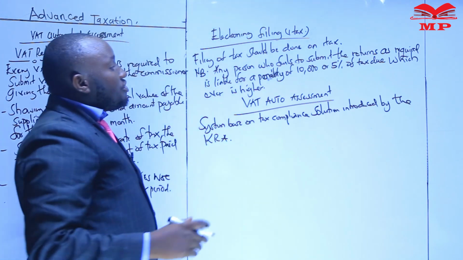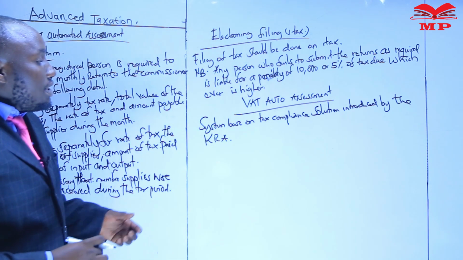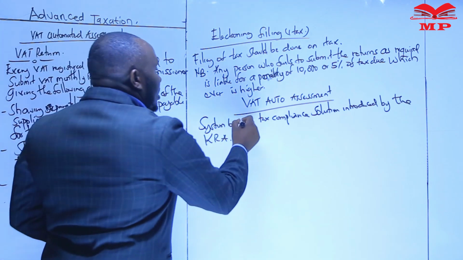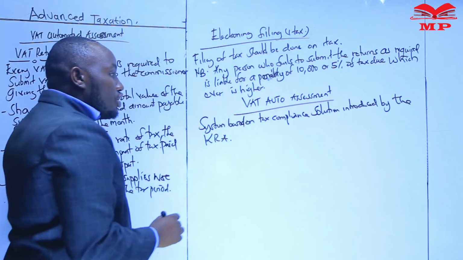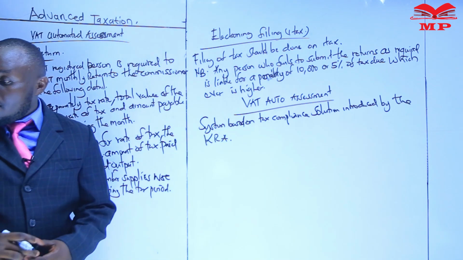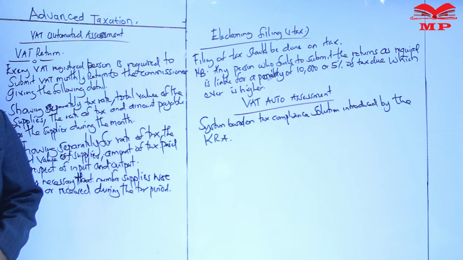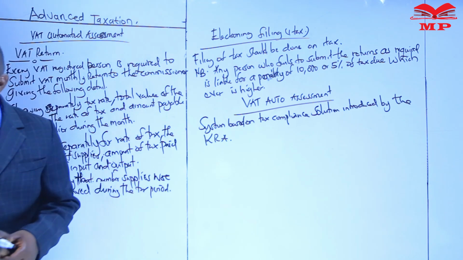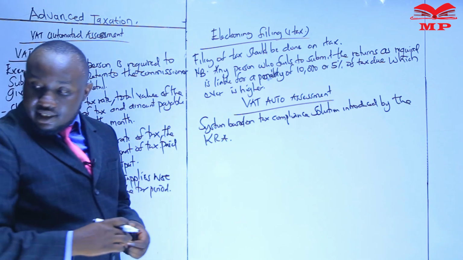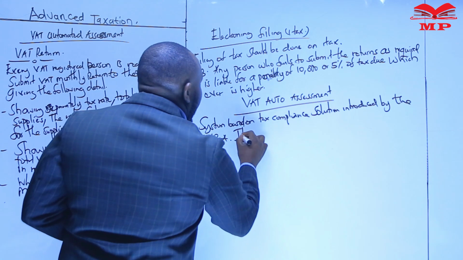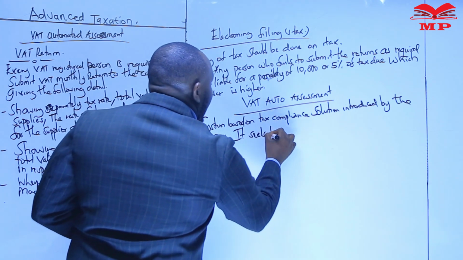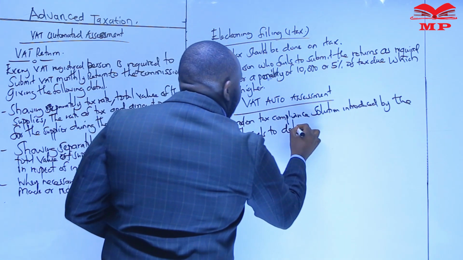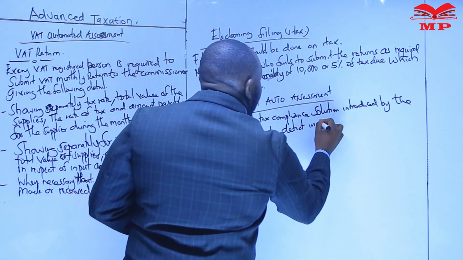So when you're told what is VAT auto assessment, it is a system based tax compliance solution introduced by the Kenya Revenue Authority in 2019. What is the value of the VAT auto assessment? With the value, it seeks to detect inconsistencies.